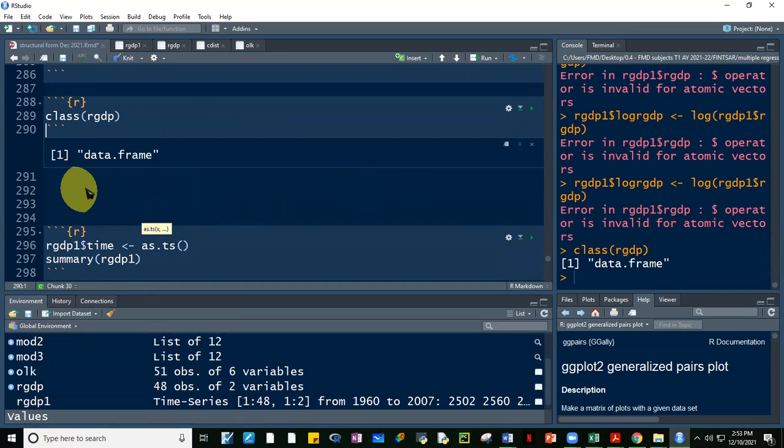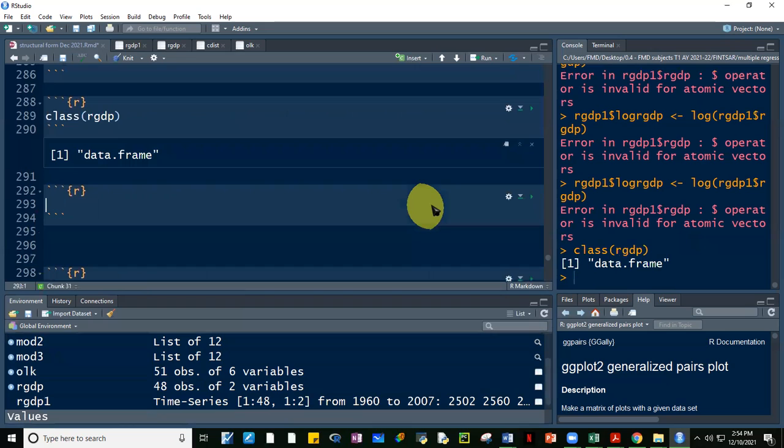We still have a data frame. Okay, let me use this, guys. Control-Shift-I. So for RGDP, this is what we'll use. Okay, let me see what happens.